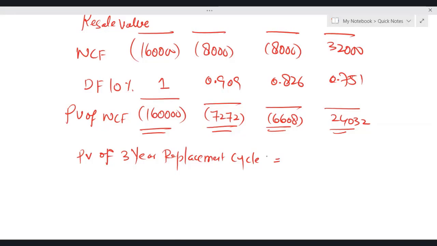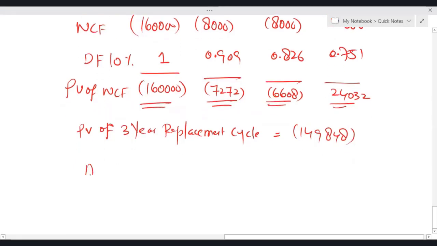I'm getting 1,49,848. Now, annuity factor for first 3 years at 10%. Let's see what is the annuity factor.